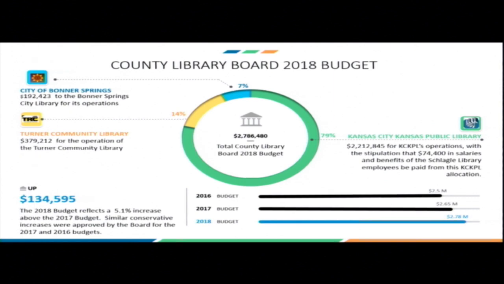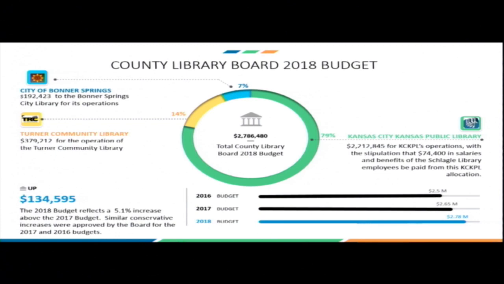pay for those services that they provide, with the stipulation that $74,000 of salaries and benefits are capped for the Schlegel Library employees, paid for by KCKPL through an allocation. There's also a small 7% piece of $192,000 that's provided to the City of Bonner Springs Library System for its operations.